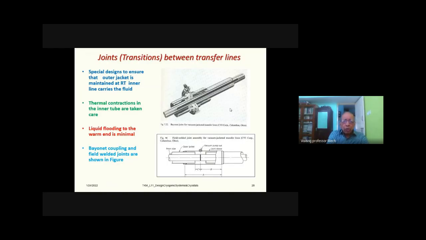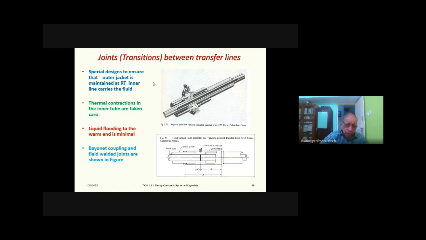If you are looking for transitions or joints between the transfer lines, then you require what are called bayonet type couplings. This figure shows you the bayonet type couplings between one part of the transfer line and another part of the transfer line. These special designs ensure that the outer jacket is maintained at room temperature while the inner line carries the fluid.